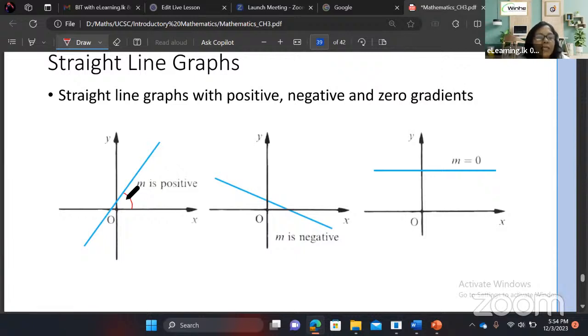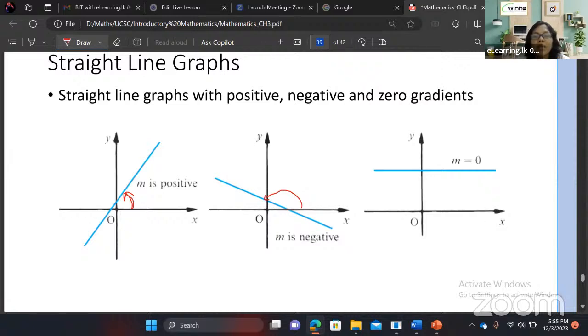You can see here. The angle with the x-axis is less than 90 degrees if the m is positive. If m is negative, then the angle with the x-axis is greater than 90 degrees. You can see here.